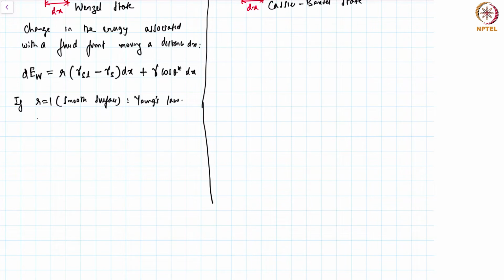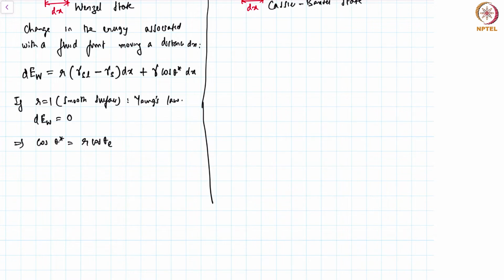Now, if we set dE_W equal to 0, then we get cosine of theta star equals R cosine of theta e. This is exactly what we got from the variational approach as well. In other words, the wetting tendencies get amplified with roughening. A hydrophilic surface becomes more hydrophilic. A hydrophobic surface becomes more hydrophobic.